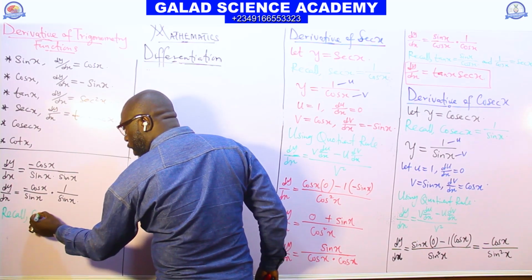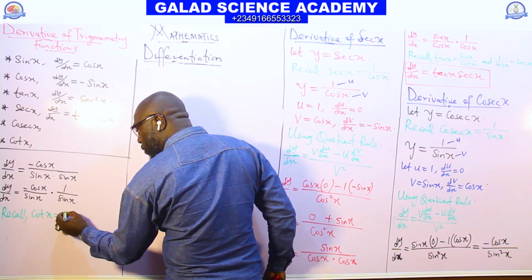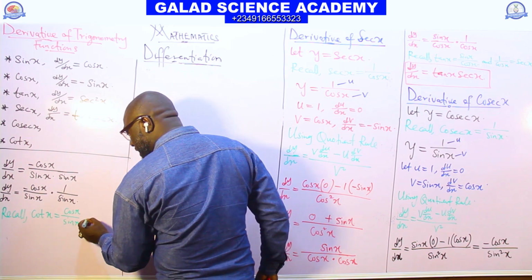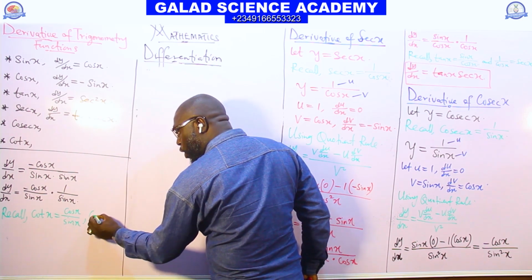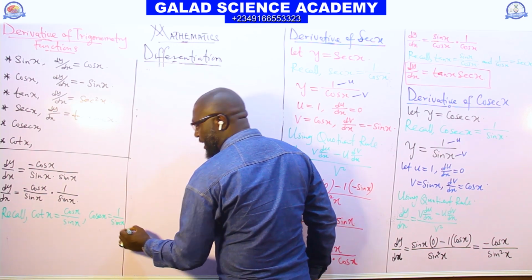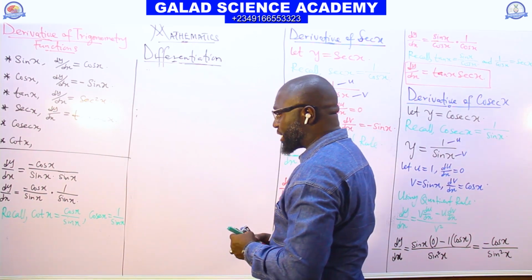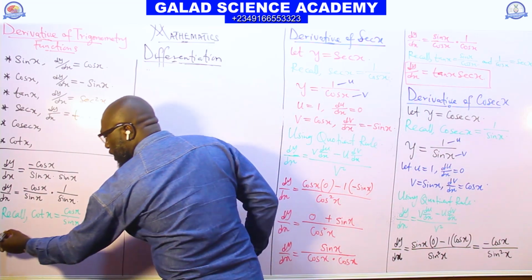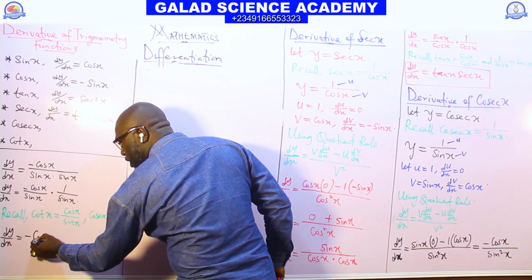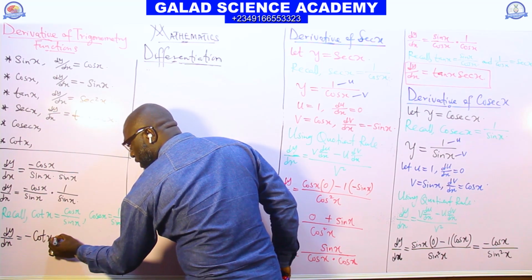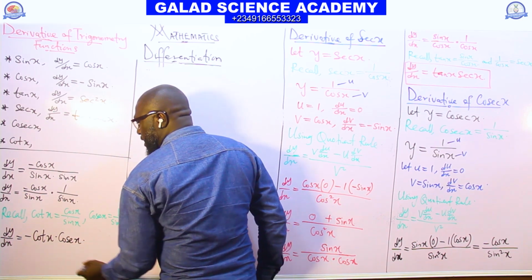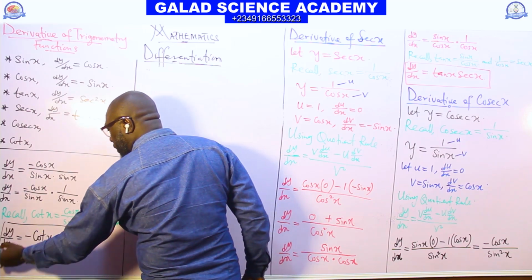Recall that cot x equals cos x over sine x, and cosec x equals 1 over sine x. So substituting for each, dy/dx will be equal to minus cot x times cosec x.